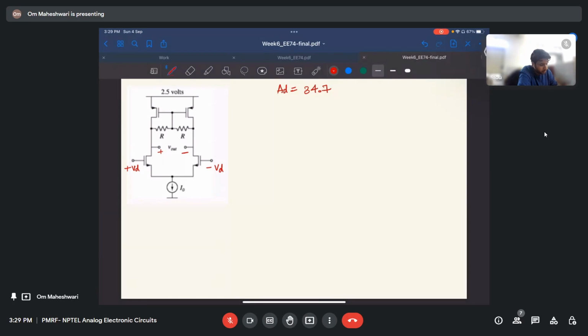So AD is, let us say this is VO1, this is VO2. AD is VO1 minus VO2 divided by 2 VD, because I'm applying this and this both here, right?